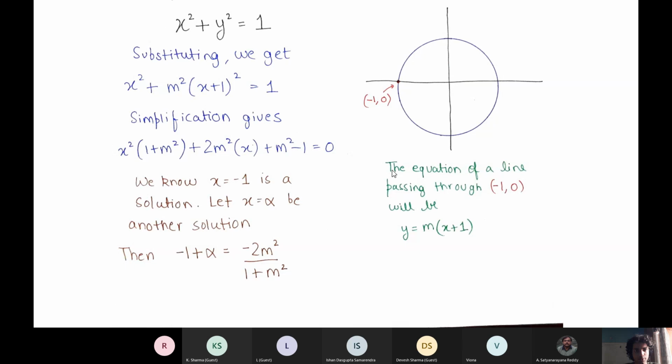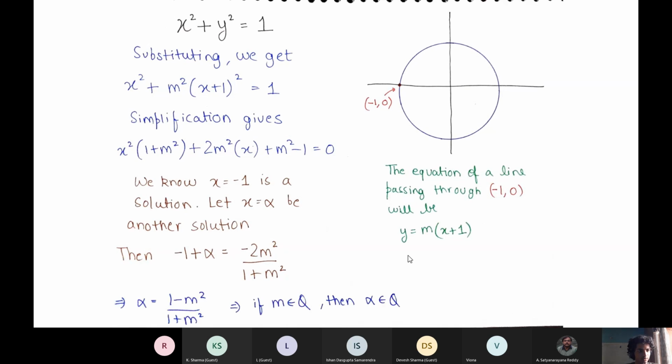So alpha is going to be another rational number, and you could substitute this in the equation of the line right here. Since m is rational, y is also rational. So you get a rational point by using nothing but some rational point that you found and a rational line. This is a really good method, and alpha is just this.